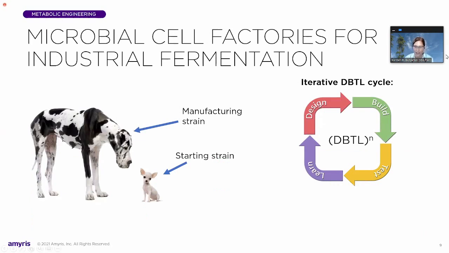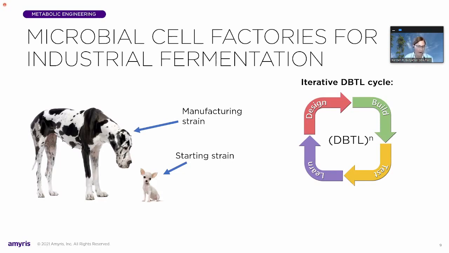I've mentioned before this classical engineering cycle, or the iterative design, build, test, learn cycle, where we go around and around this circle until we have strains that are good enough for manufacturing. And indeed, we've found in most cases, we have to go through many rounds of this cycle.